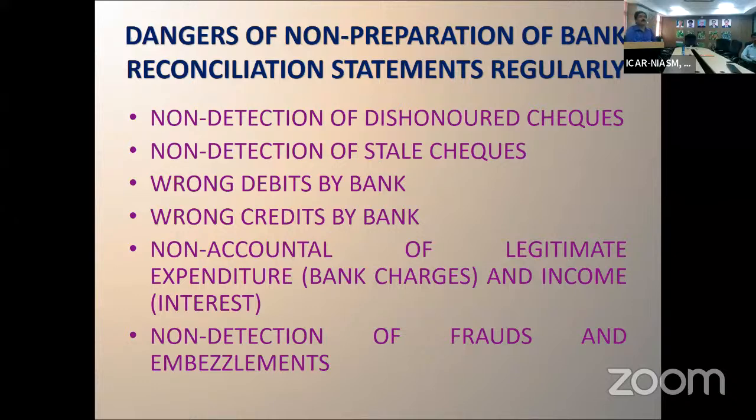If you do not prepare the BRS, there is non-detection of the dishonored check. What is a dishonored check? It means we have received a check from someone, from any supplier, towards a security deposit, for example. We have deposited that check into our bank account, and our banker has sent that check for collection.